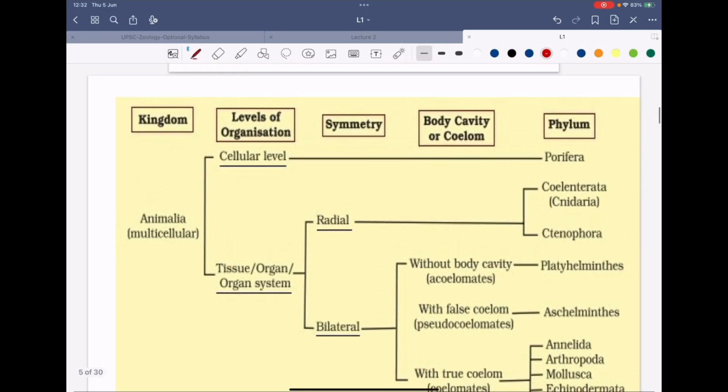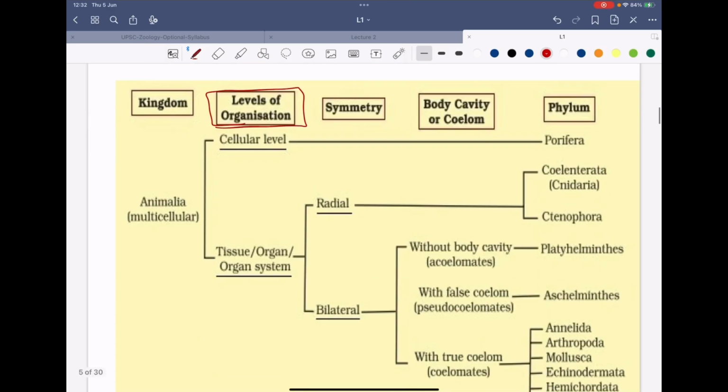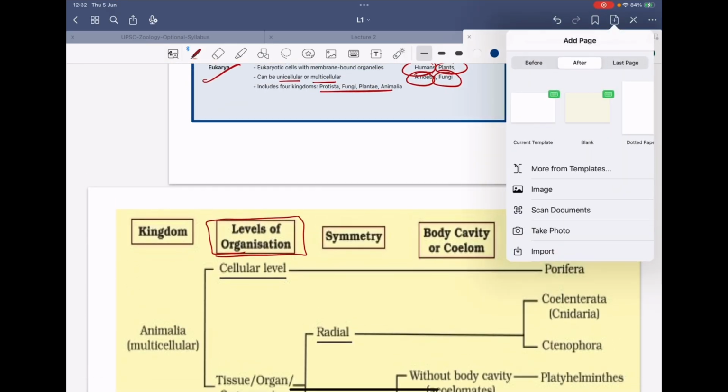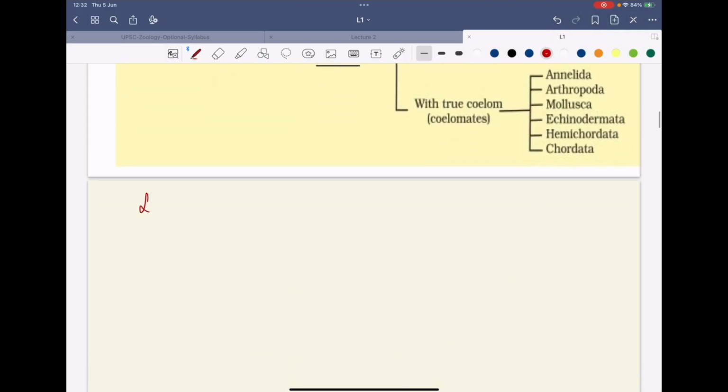Now if you go through the system of level of organization, you can expect one question related to level of organization.